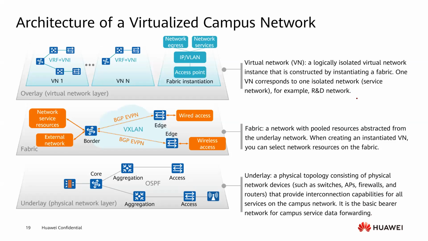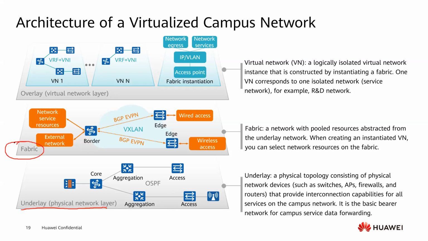And for the network layer, we can separate it. We have just mentioned the first layer is the underlay. We also call it the physical network layer. It's the layer where the real devices connect with each other based on such as OSPF to make the interconnection capability. And the second layer, we call it the fabric.